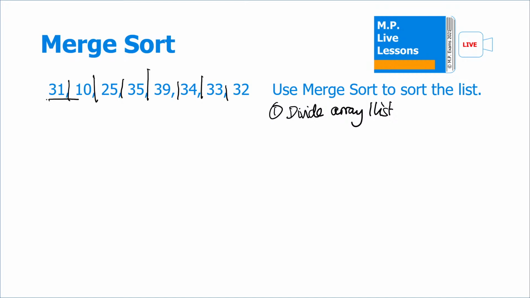So we get these mini arrays that are just size of one each. And then each bit is conquered. So now we put them back together, and that's where the merge bit comes in. So we merge the lists together.